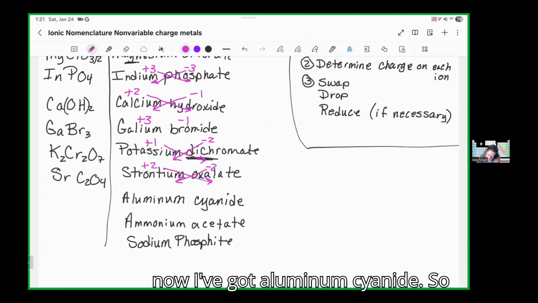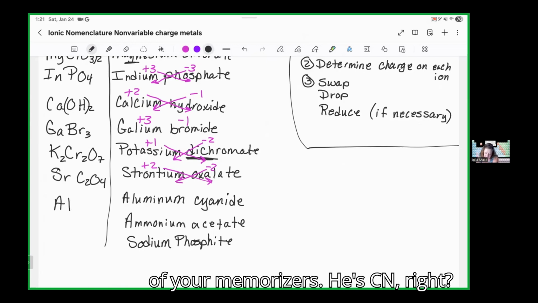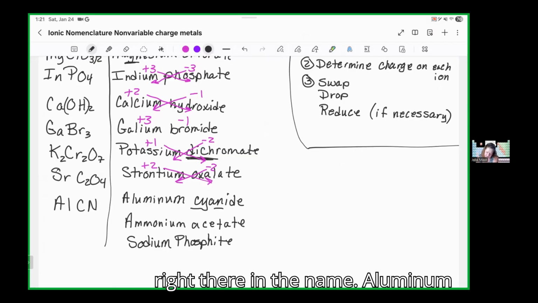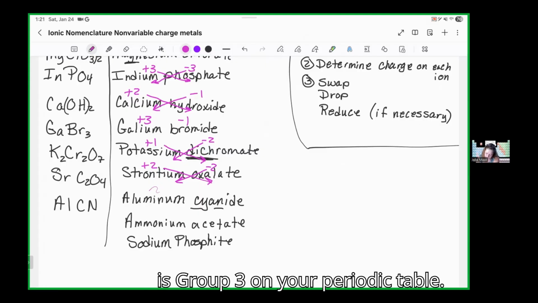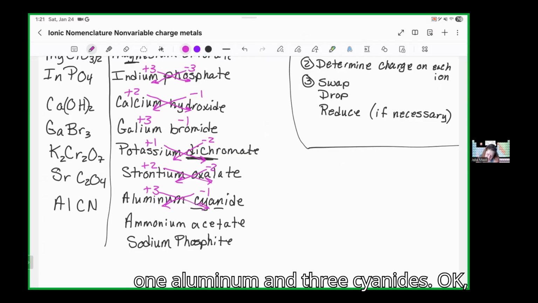Okay, so now I've got aluminum cyanide. So aluminum is Al, and cyanide is one of your memorizers. He's CN, right? Cyanide, because he's got the C and the N right there in the name. Aluminum is group 3 on your periodic table. Cyanide is a negative 1. You memorize that. Okay, so I need 1 aluminum and 3 cyanides.